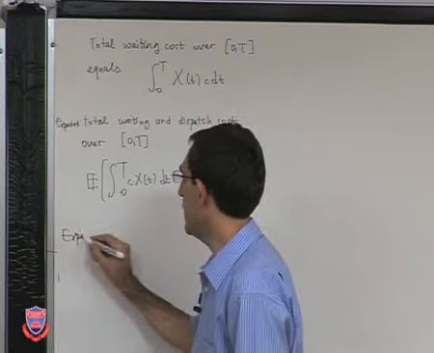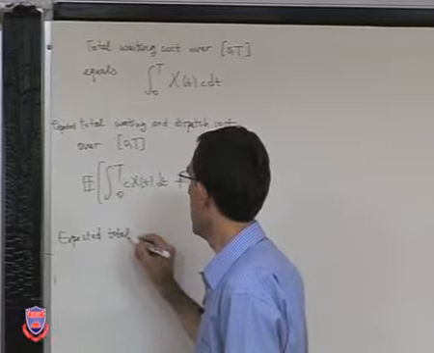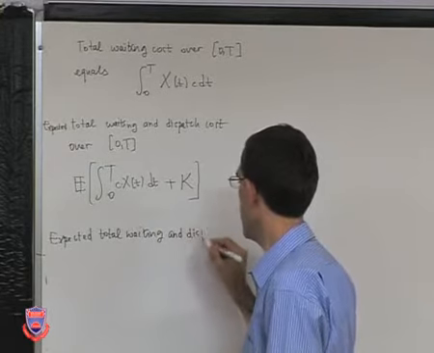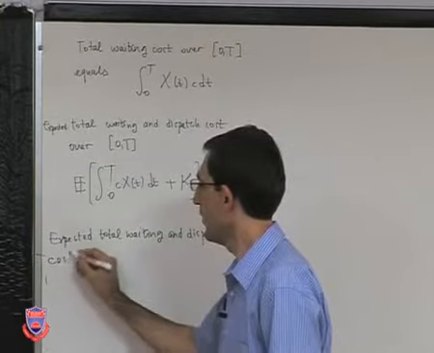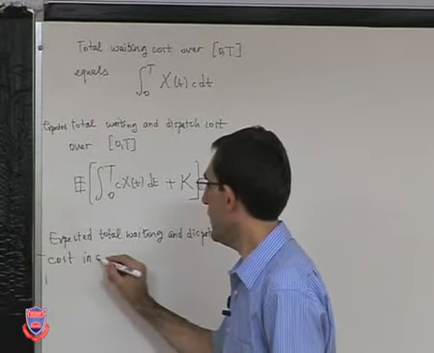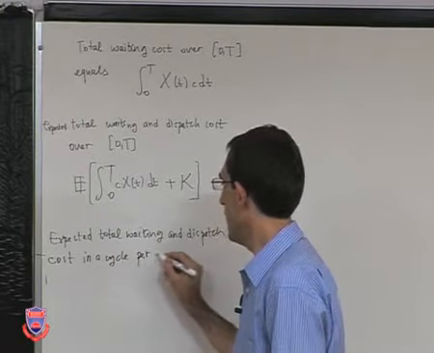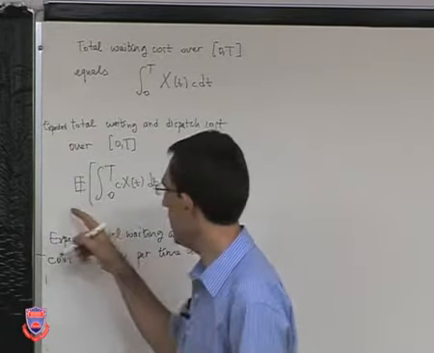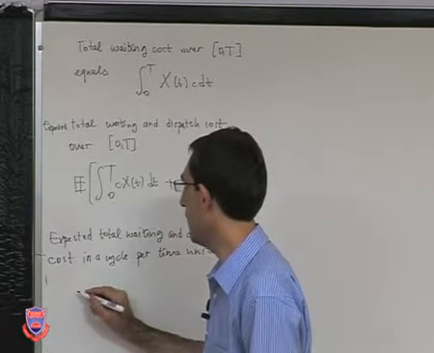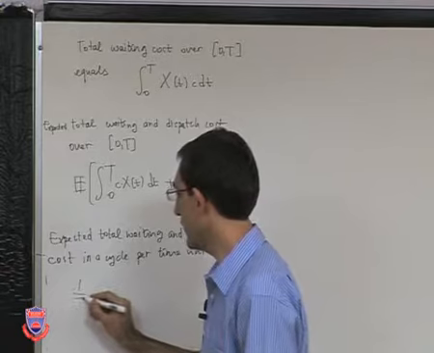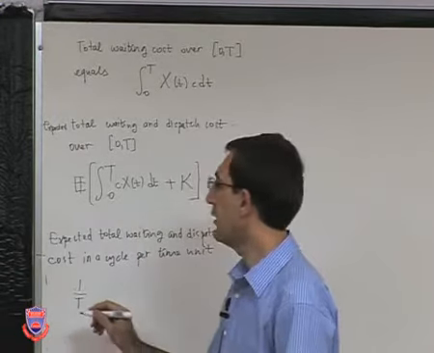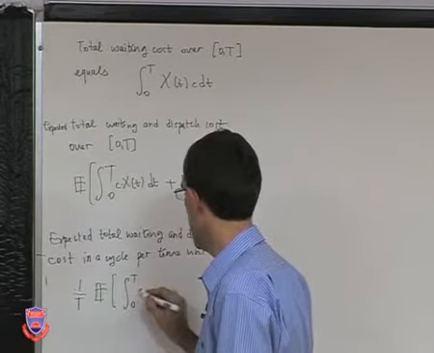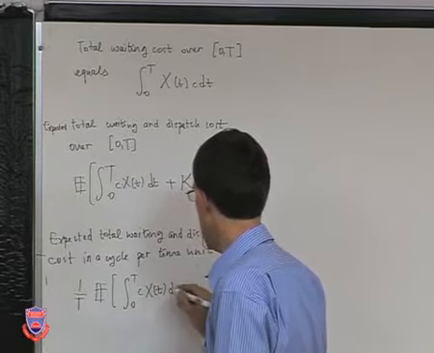And the expected total waiting and dispatch cost in a typical cycle per time unit is found by dividing this by T. So this is 1 over capital T, the length of the cycle, times the expected value of the integral of c times x(t) dt, plus k.